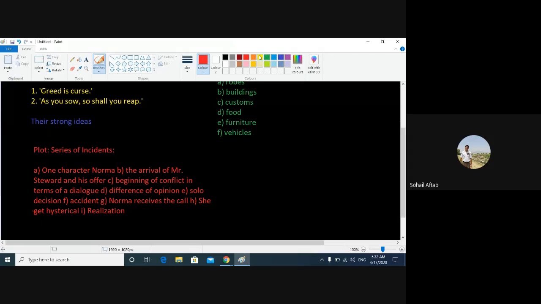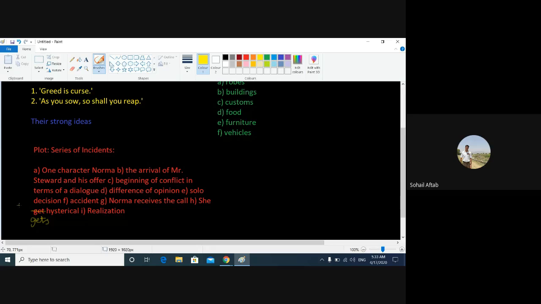What about yellow? It's very difficult to write with it. Yes, sir. Okay, she gets hysterical. Let me draw a line as well here. And this is a mistake.